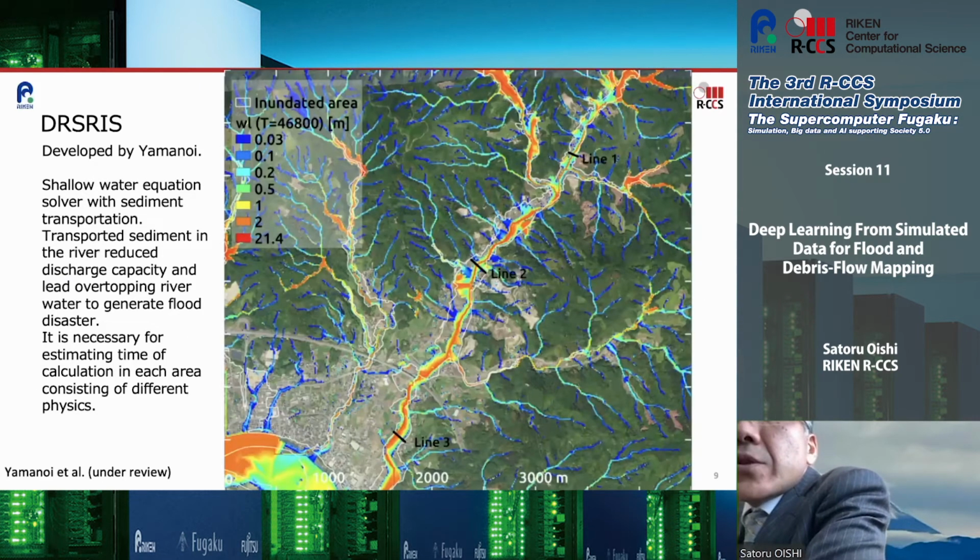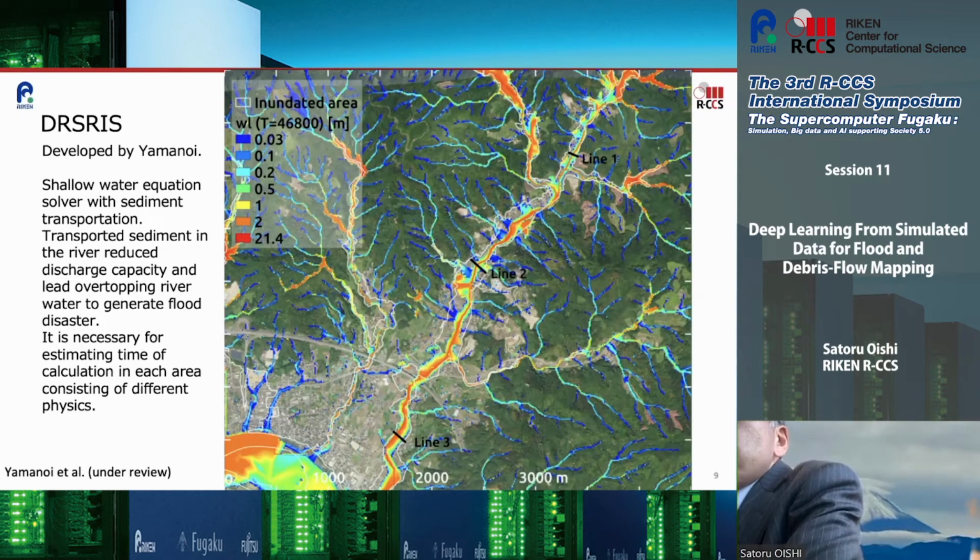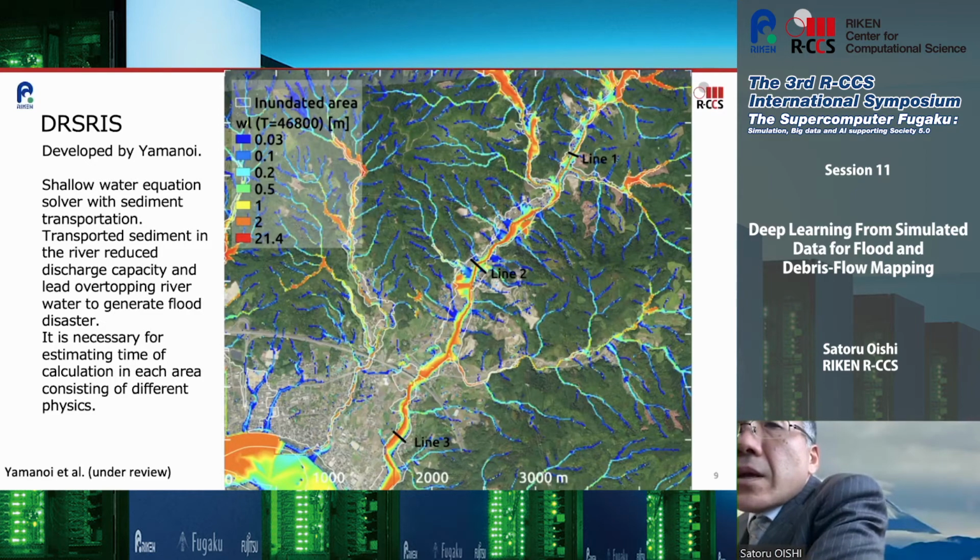This figure shows our result using DRS-IRS, developed by our researcher. It consists of shallow water equations and transported sediment in the river, which reduces discharge capacity and leads to overtopping river water to generate flood disaster. The background green shows the mountain, and blue to red color shows the water depth.